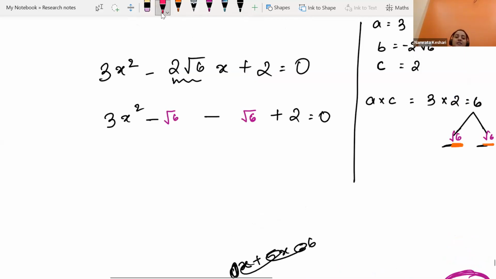But for now, please tell me what is the common factor from the first two terms? Let me write x along with it. What is the common factor from the first two terms?